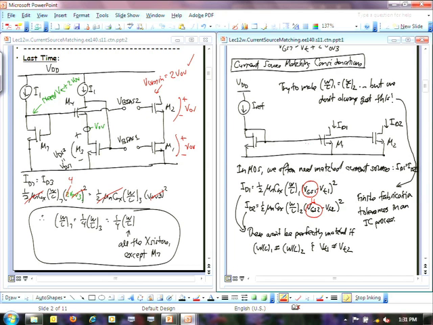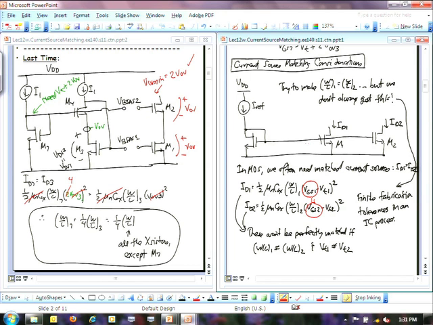For example, ID1 is the current for device 1 and ID2 is the current for device 2, and the average quantity ID is exactly what you think it is: just the average of those two currents. So on and so forth for everything else.